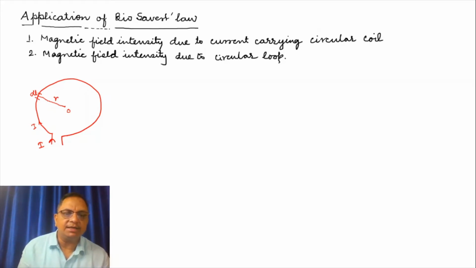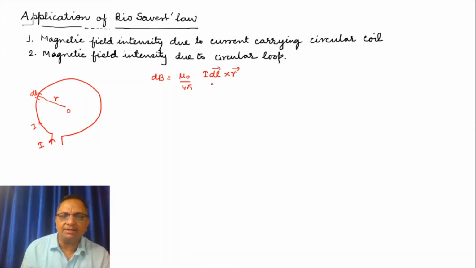Now my dear students, here we apply the magnetic field intensity due to this current element. The direction of the magnetic field is always perpendicular to dl as well as r. You know the formula of magnetic field intensity, dB is equal to mu 0 over 4 pi I dl cross r.